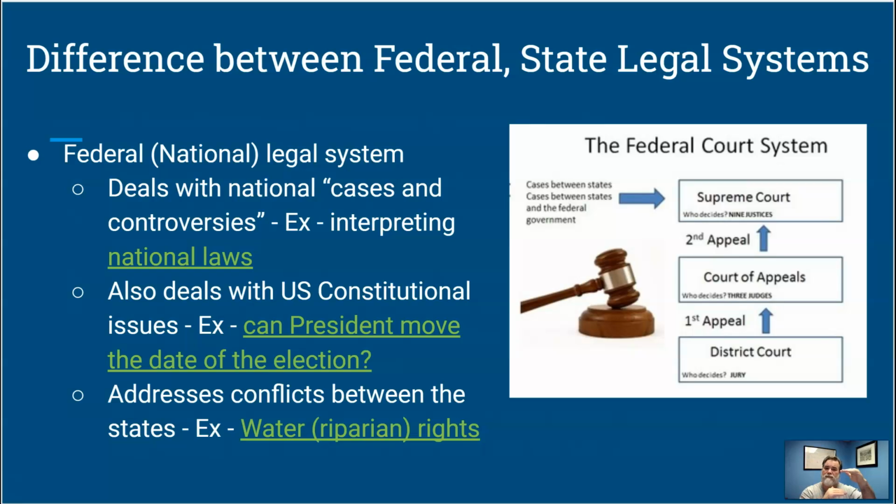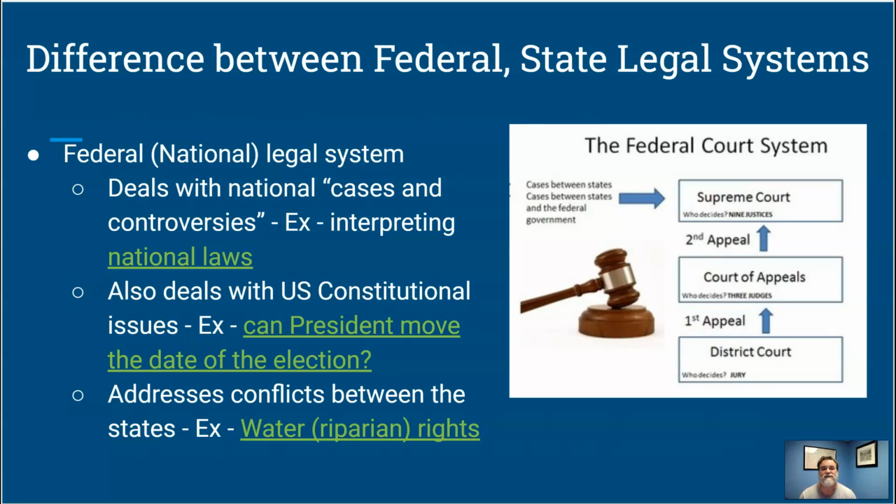The law written by the national government has to work within the confines of the constitutional provision. The president could not by himself make a change like that because he simply doesn't have the authority under the Constitution to do so. Now, the federal legal system also deals with conflicts between the states.